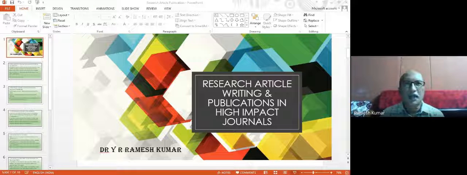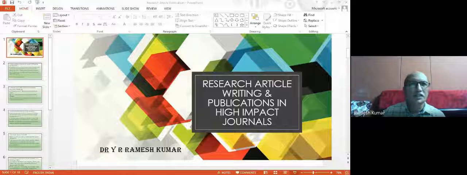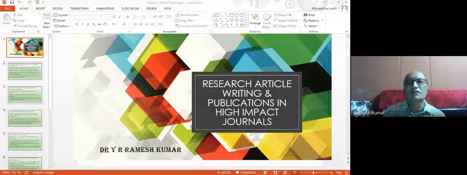There should be some magic in the paper itself. So in order to see what you can do so that your research paper can be published in a high impact journal is what we will be looking at. So let us start with some of the factors.